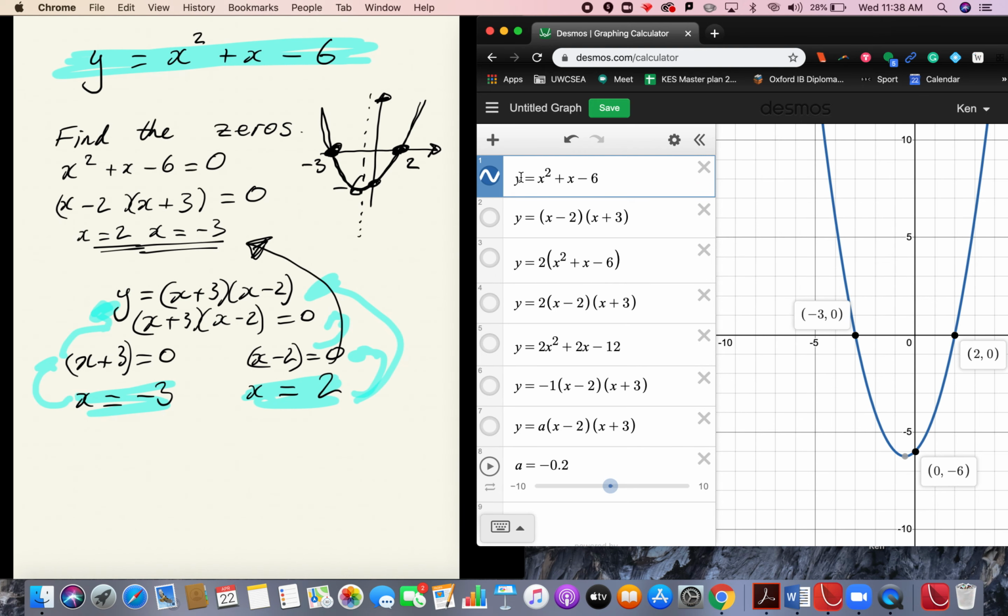So 6 equals a times 0 squared minus 5 times 0 plus 6. 6 equals 6a, therefore a equals 1. Okay, so in fact our equation here is y equals 1 times x squared minus 5x plus 6. And if it's just times by 1, we don't actually need the 1 there, do we? So y equals x squared minus 5x plus 6.